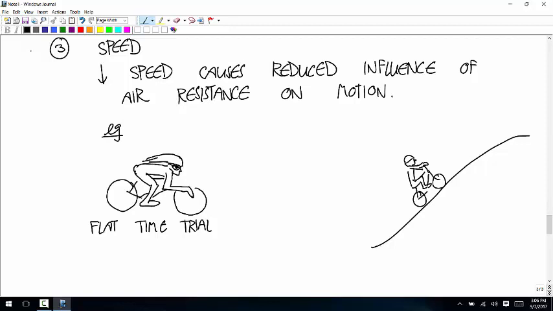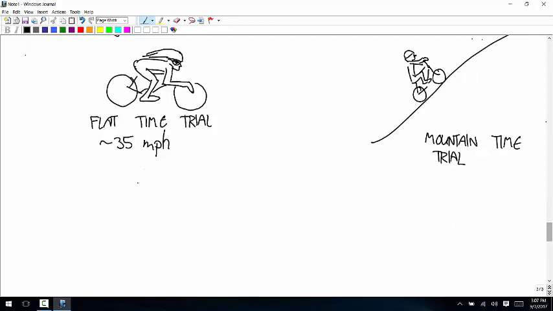So what's the difference here? This is a mountain time trial. These are the same people doing the exact same thing, but the difference is when they're riding on the flats, these guys are riding 35 miles per hour. And when they're riding up a mountain, they're riding less than 20 miles per hour.